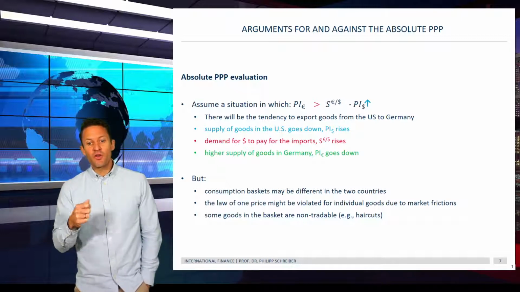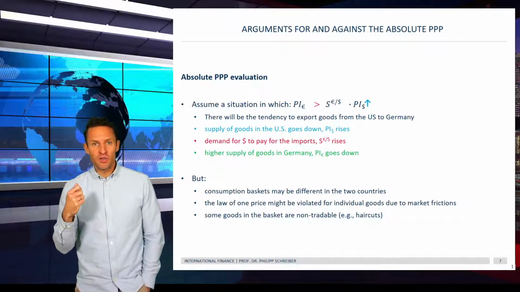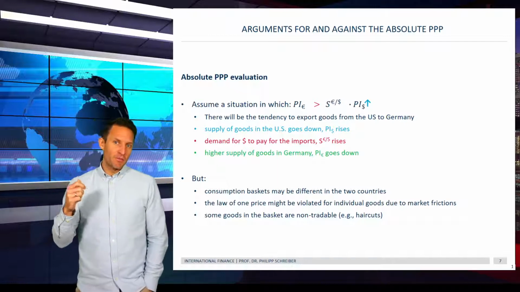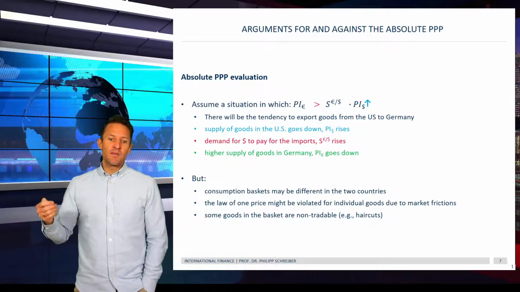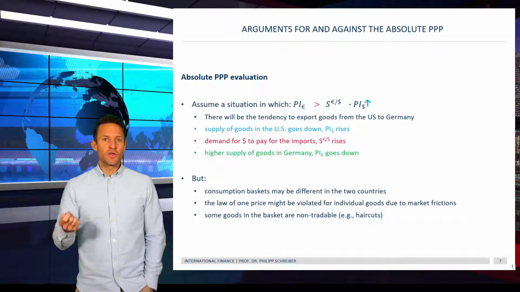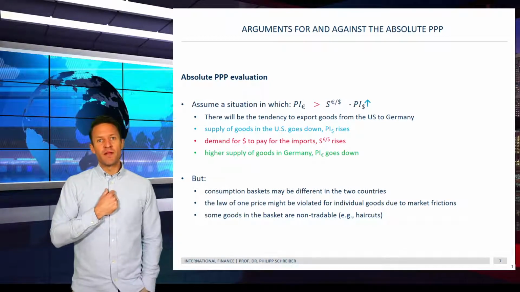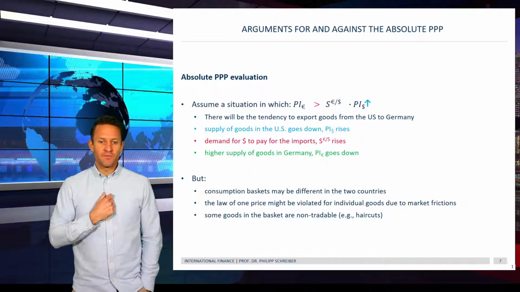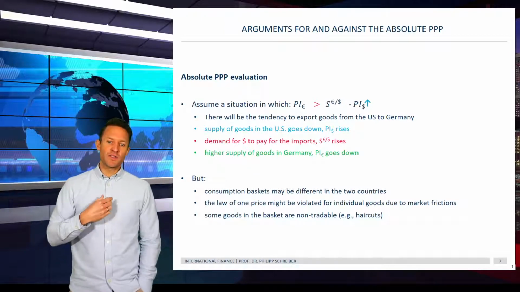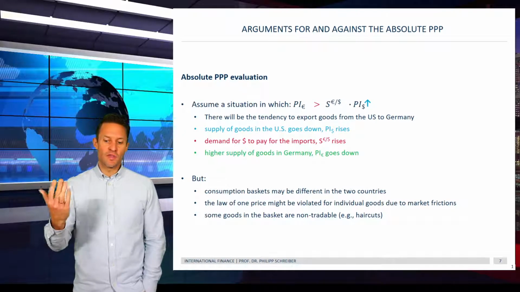Simultaneously, because a lot of people are importing goods from the US and have to pay for them in US dollars, the demand for US dollars also goes up. I need dollars to pay my Amazon invoice from the US. So if the demand for something goes up, the price goes up.